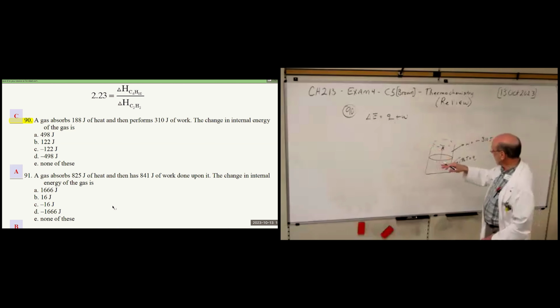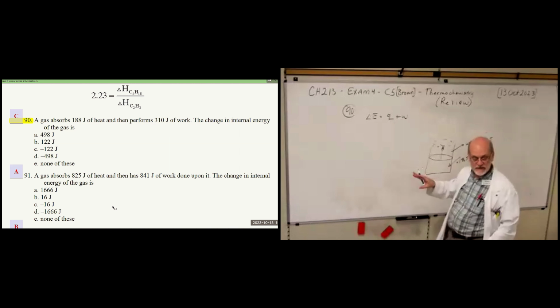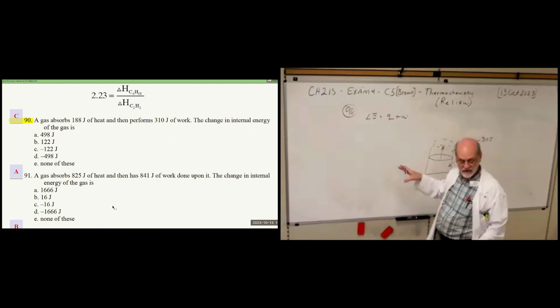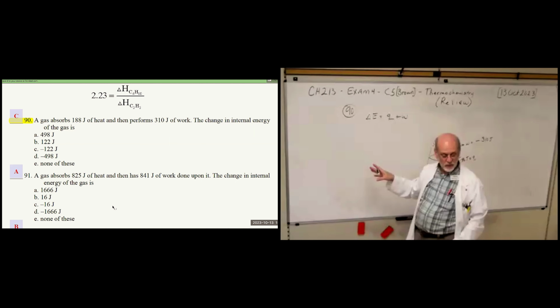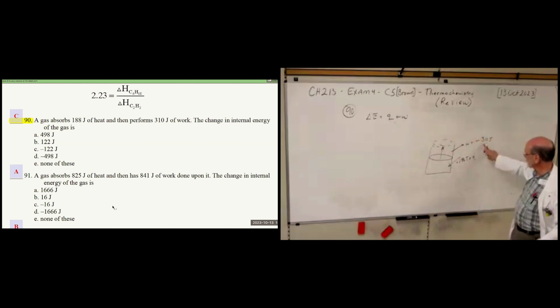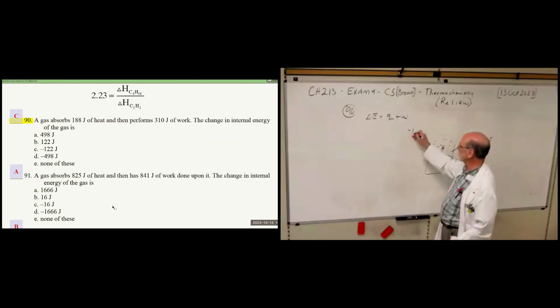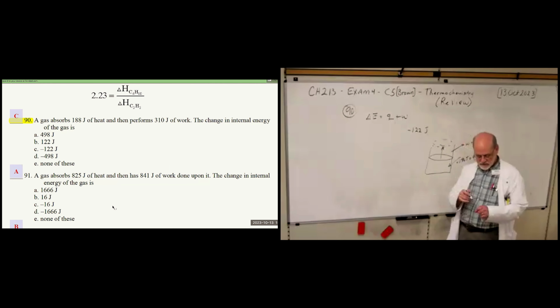And as it turns out, the change in internal energy is negative. This system is losing internal energy to the tune of minus 122 joules. Okay, just add those two together. This one's bigger than that one and it's negative, so the value is going to be negative. Minus 122 joules is the change in delta.